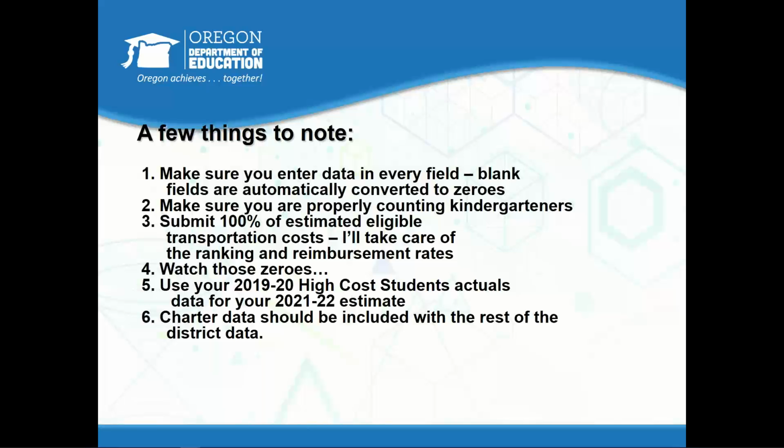And I've seen many times where you accidentally enter in 30 million instead of 300,000. And so, as you can imagine, that would be a pretty big impact to your state school fund. So the best way to combat that, once you've submitted your data, is to do a collection summary report, which I'll show you guys here on the next slide.